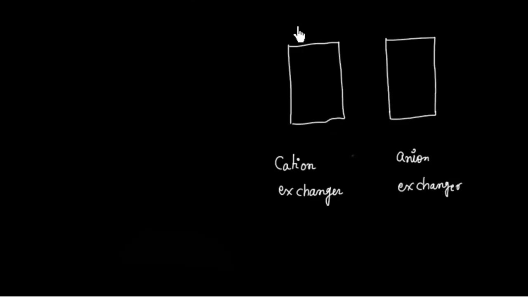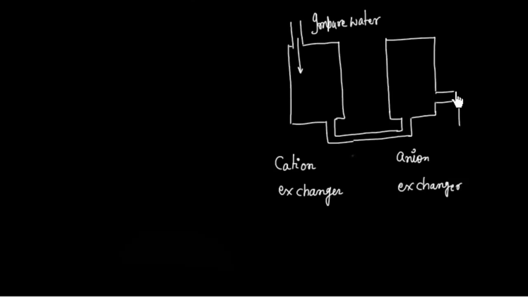What we do is, this impure water, or you can say hard water basically, enters into this cationic chamber, and then after this it enters into the anionic chamber, and finally we have pure water.